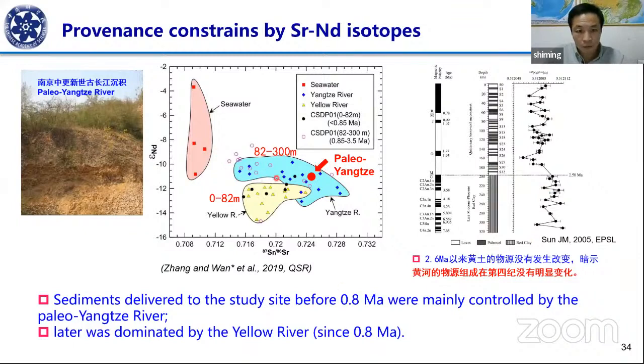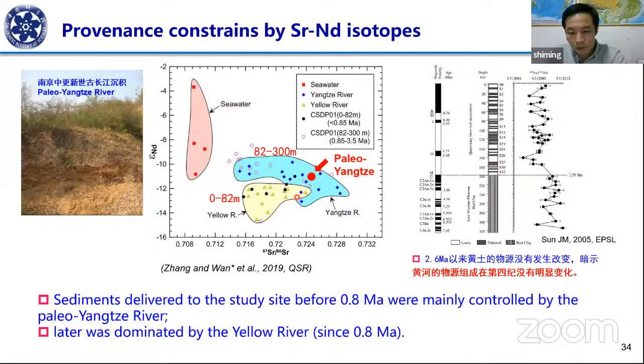So we can see that the sediment delivered to the study site before 0.8 million years was mainly controlled by the Paleo Yangtze River. Now for the upper part, the younger sediment since around 0.8 million years, it overlaps more with the Yellow River.